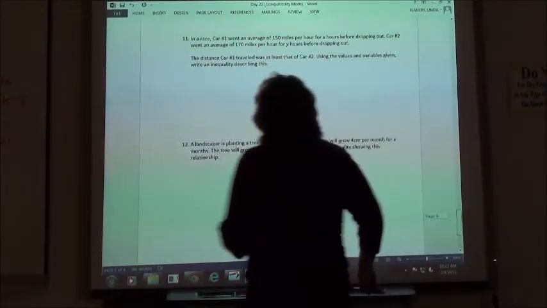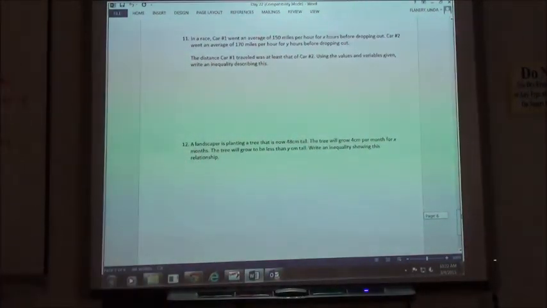Number 11, in a race, car 1 went an average of 150 miles an hour for X hours before dropping out. Car number 2 went an average of 170 miles an hour for Y hours before dropping out. The distance car 1 traveled was at least that of car 2. Using the values and variables given, write an inequality describing the situation. So for the distance for car 1, how would I write that down?